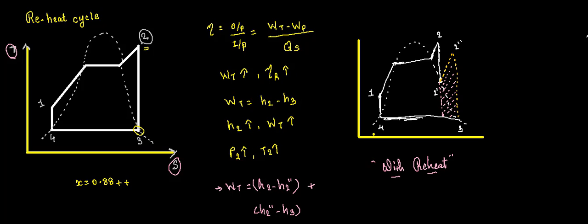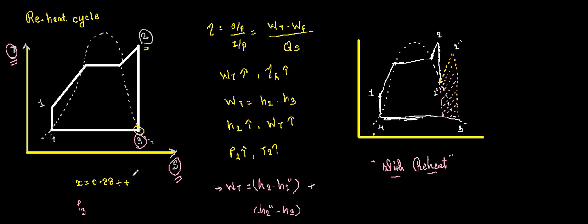Okay, so this is basically the TS diagram of the Rankine cycle. But during the process in the turbine, the pressure is going to fall down up to the pressure at point 3, meaning the P3 pressure.